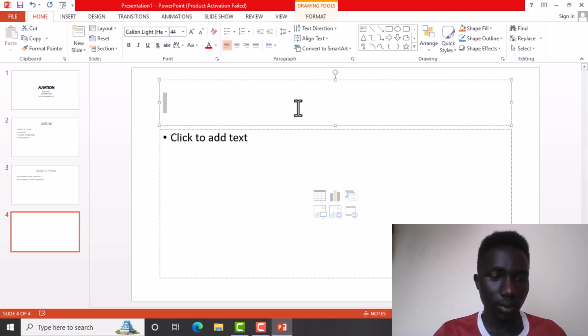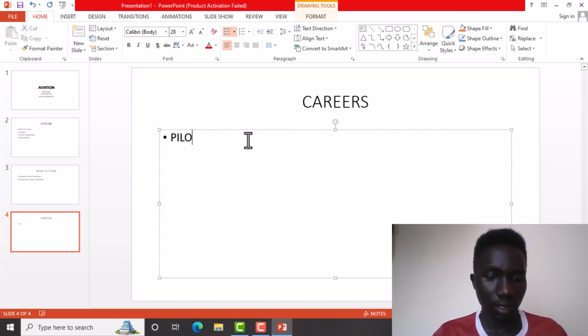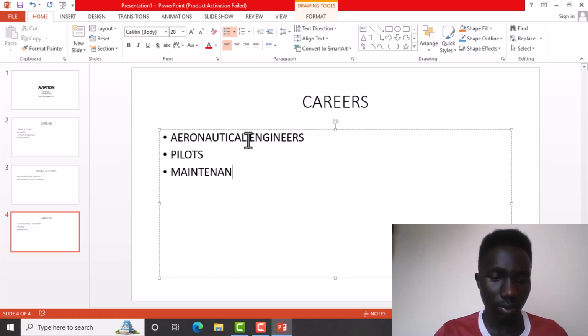Then here we shall talk about the careers involved in the aviation industry. So we shall have pilots. Shall talk about the pilot. Now let's start with the aeronautical engineers. Talk about the pilots. And shall talk about the maintenance engineers.